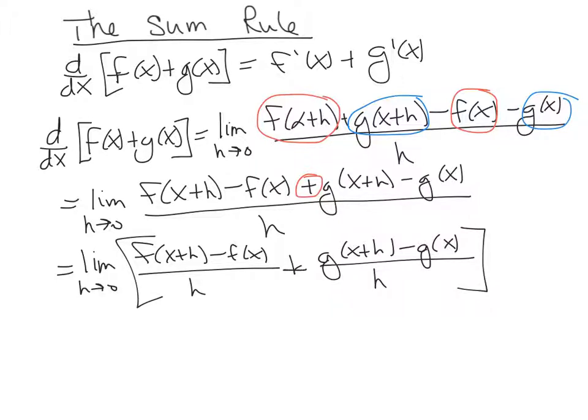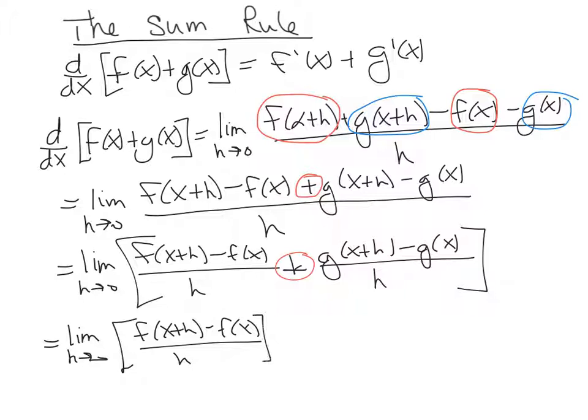But now we have the limit of a sum. We know the limit of a sum is the sum of the limits. So we now have the limit as h approaches 0 of f of x plus h minus f of x divided by h plus the limit as h approaches 0 of g of x plus h minus g of x divided by h.